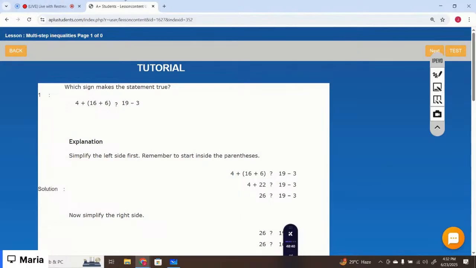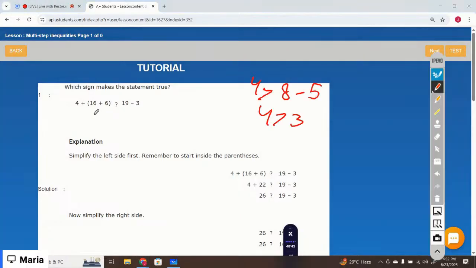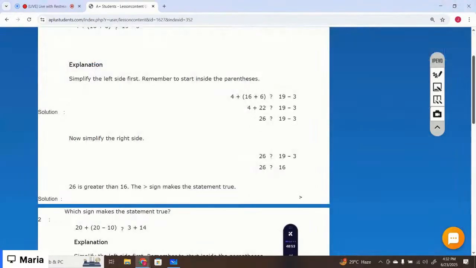So 16 plus 6 we have to solve first. That is 22, plus 4 is 26. And 19 minus 3 is 16. So 26 is greater than 16.